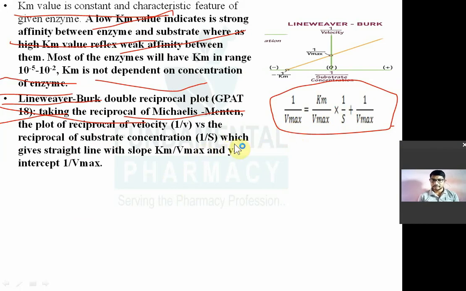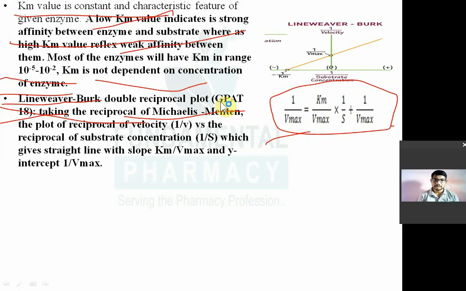ऐसा इक्वेशन दिया था आपको GPAT 2018 में, ऐसा इक्वेशन दिया था और नीचे ऑप्शन में था. ऐसा क्वेश्चन था कि if you plot a reciprocal of maximum velocity to the reciprocal of substrate concentration in an enzyme catalyzed reaction, so the following graph will be obtained. और उसके नीचे ऑप्शन थे आपके Michaelis-Menten प्लॉट, Lineweaver-Burk डबल रेसिप्रोकल प्लॉट और भी एक दो ऑप्शन थे.